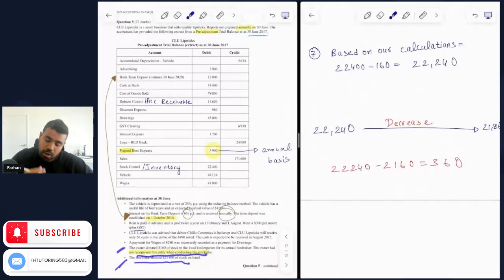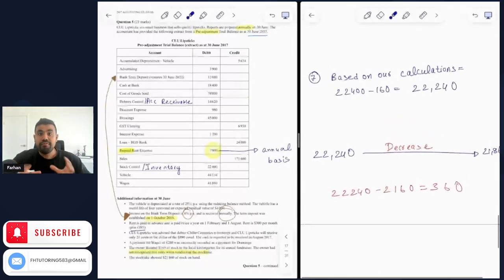So based on our calculations, the information that we know prior to the stock take, which is basically counting each and every item of inventory by hand, we can calculate the amount of inventory that we expect to have by taking $22,400, which is the inventory amount reported in the pre-adjusted trial balance that hasn't been adjusted before.